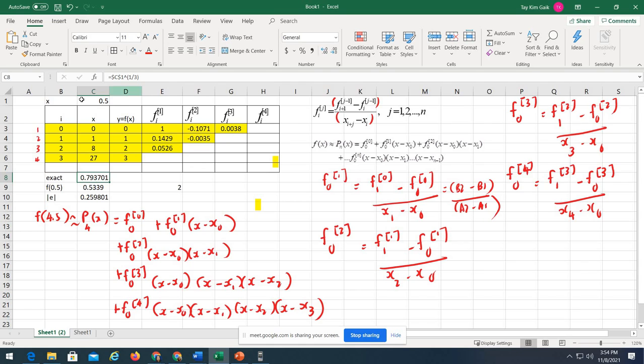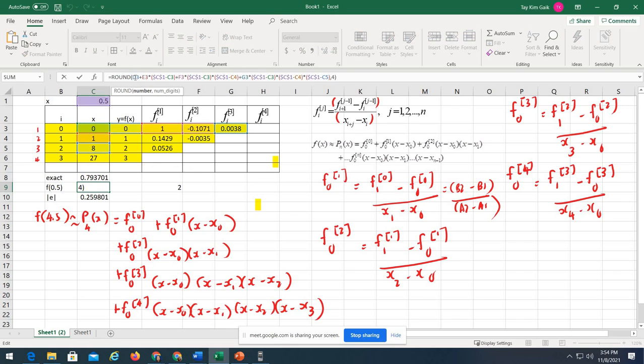Okay, 0.5 cube root is actually power 1/3. So this is f, okay, it's 0.5. Let me check. D3, E3.